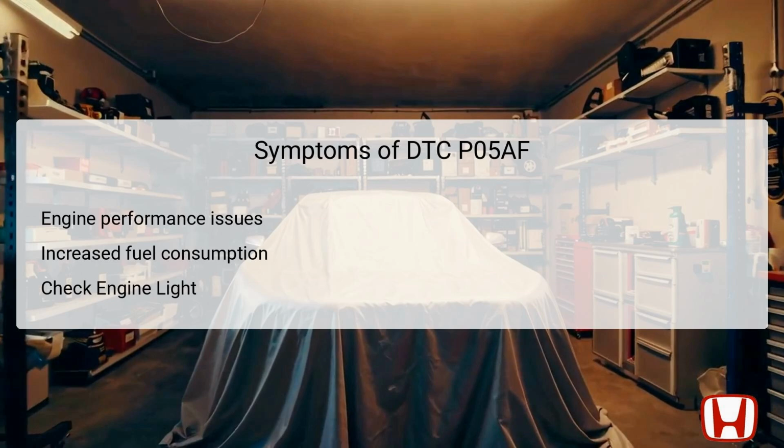Identifying the symptoms associated with the DTC P05AF can help in diagnosing the underlying issue more effectively. One common symptom is a noticeable impact on engine performance, potentially leading to acceleration delays or decreased power output.